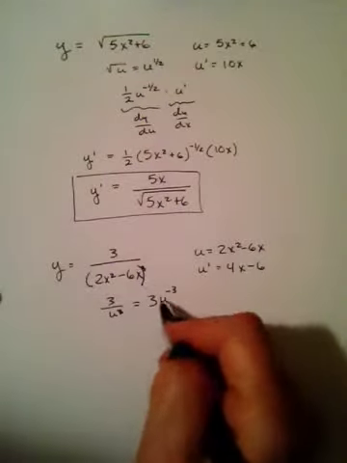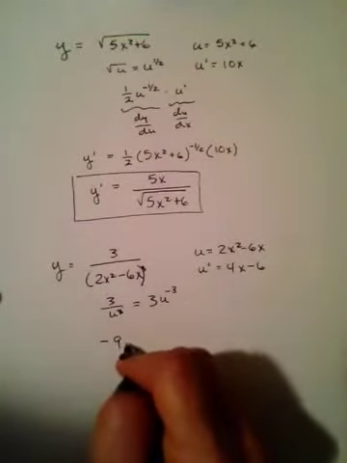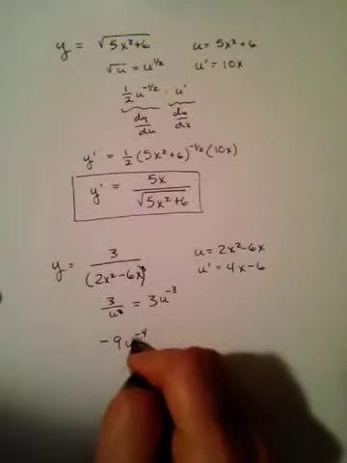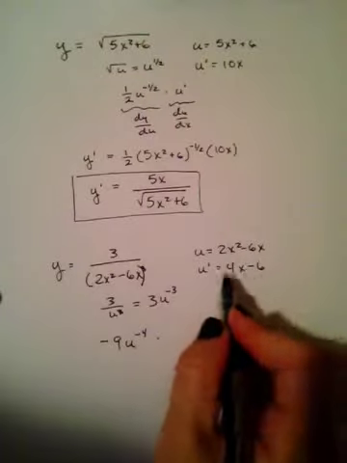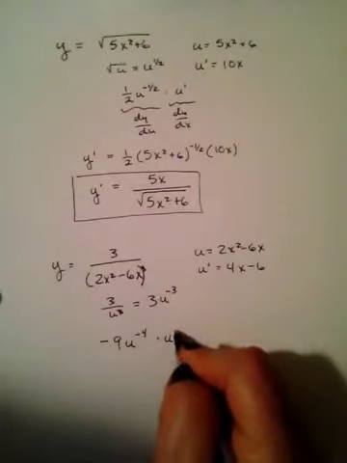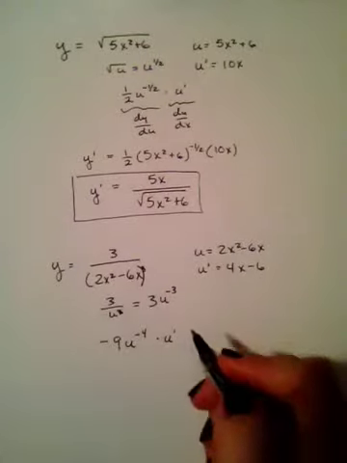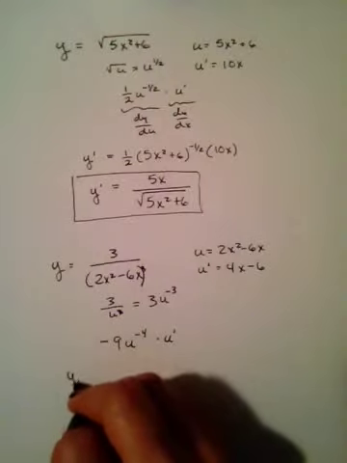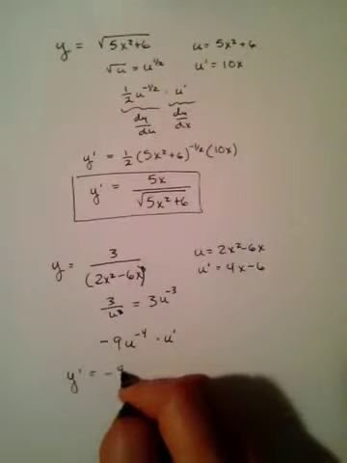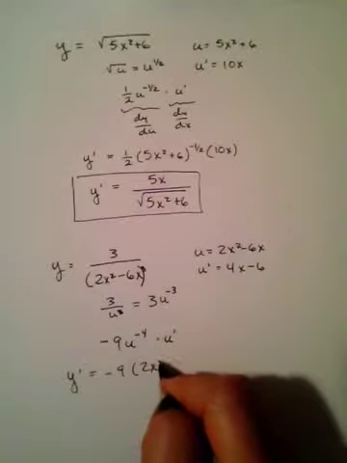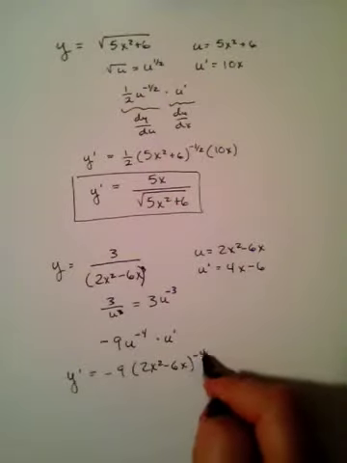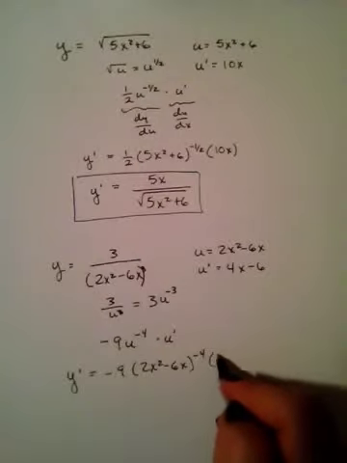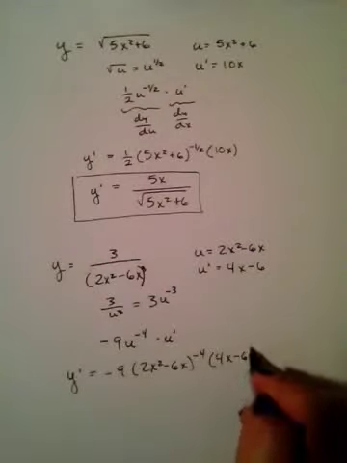I do the derivative of the outside, negative 9u to the negative 4th, leaving my inside alone, times the derivative of the inside, my u prime, and I will have my y prime. So my y prime will equal negative 9. My u is 2x squared minus 6x, now to the negative 4th, times 4x minus 6.